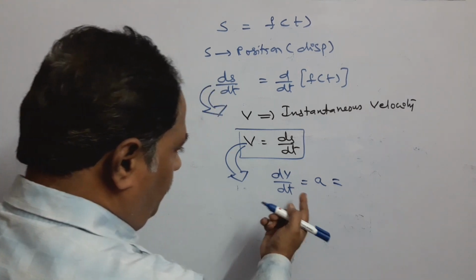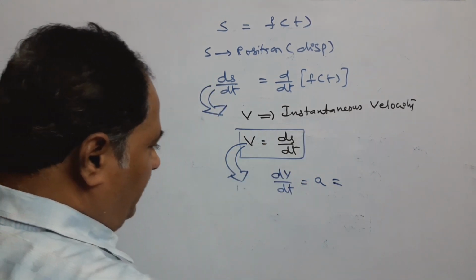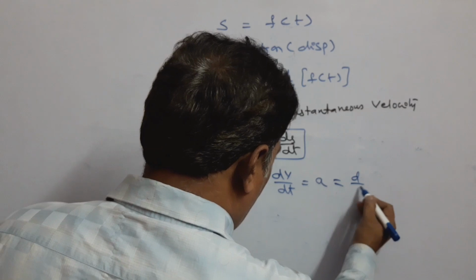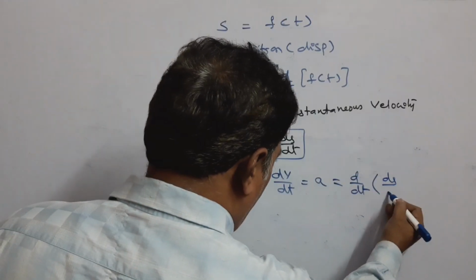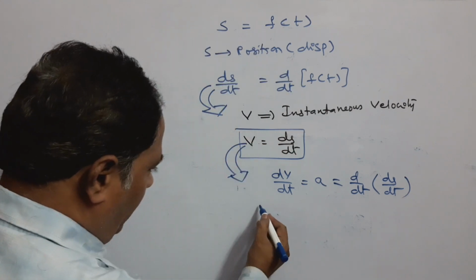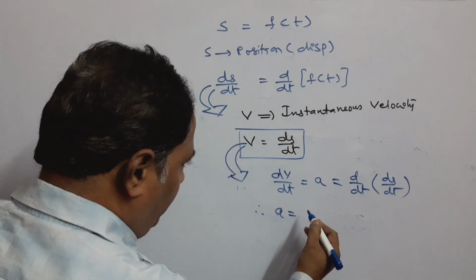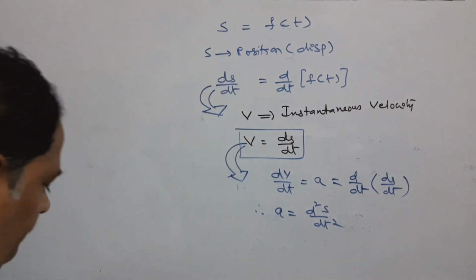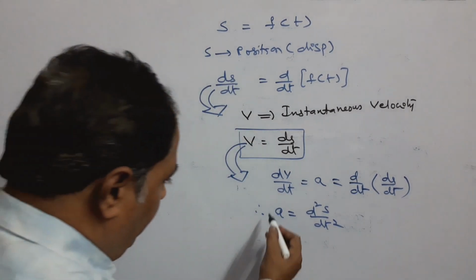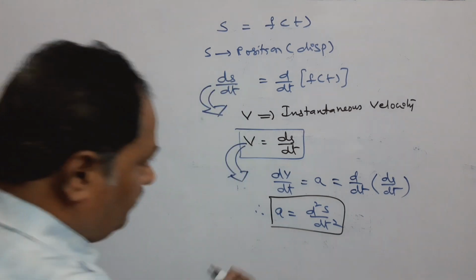It is d by dt of v, which is ds by dt. Therefore, acceleration is d square s by dt square.